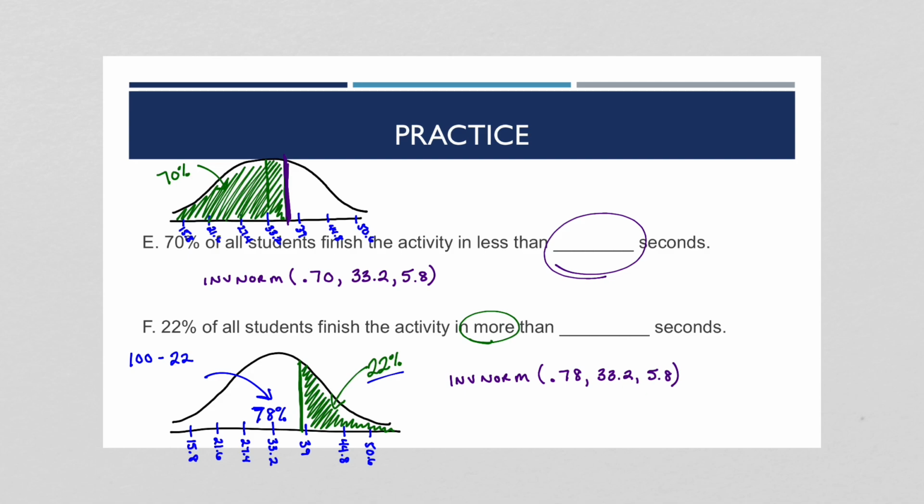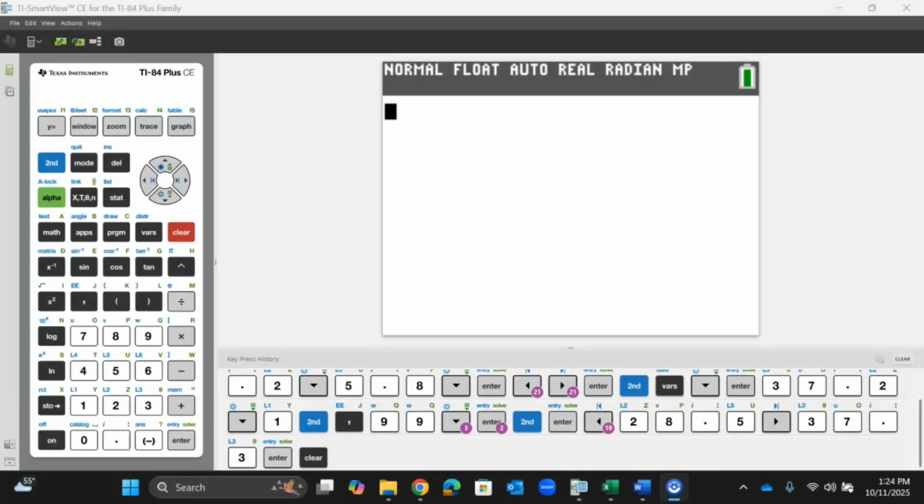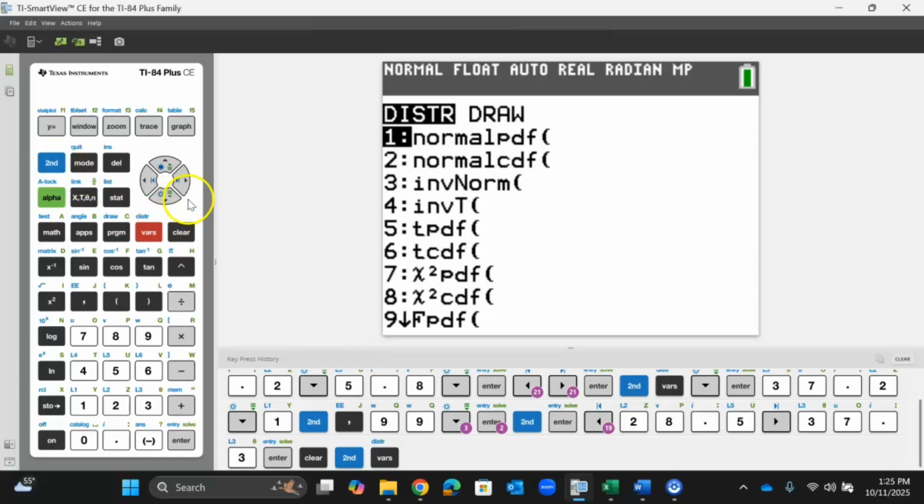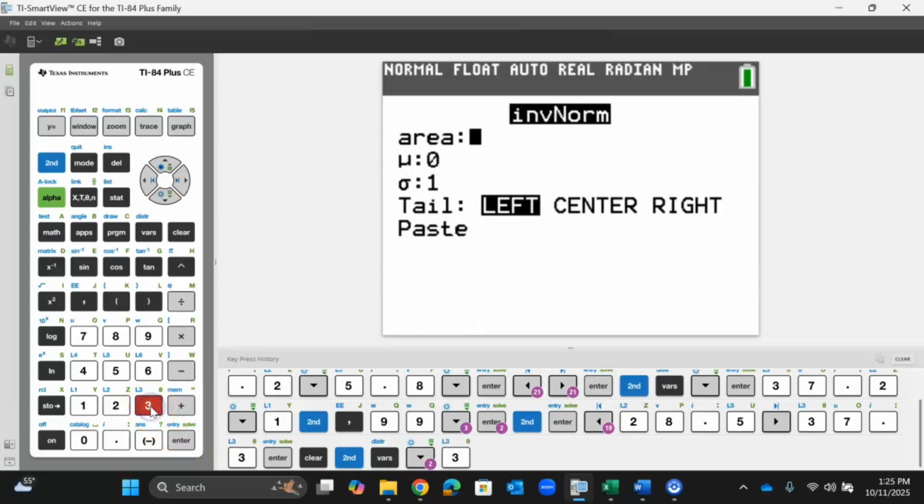Okay, let's jump into our calculator and actually calculate these. With this part, we're going to do our inverse norm calculations. As before, we go to second, vars, and once we get into this distribution window, we can see that inverse norm is our third option. You can either bold the 3 and press enter to select it, or press 3 on your calculator.